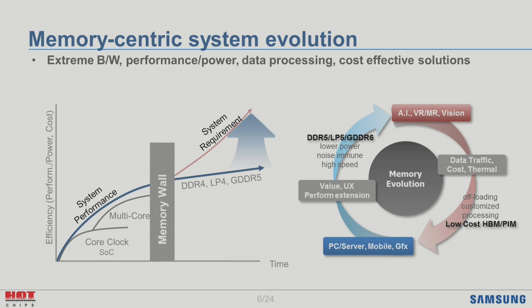In the past, the performance has been improved with the increase of core clock frequency and the number of cores. At the same time, the memory also continuously has scaled down for the bit growth. But unfortunately, recently, the increase of SoC performance was slow.